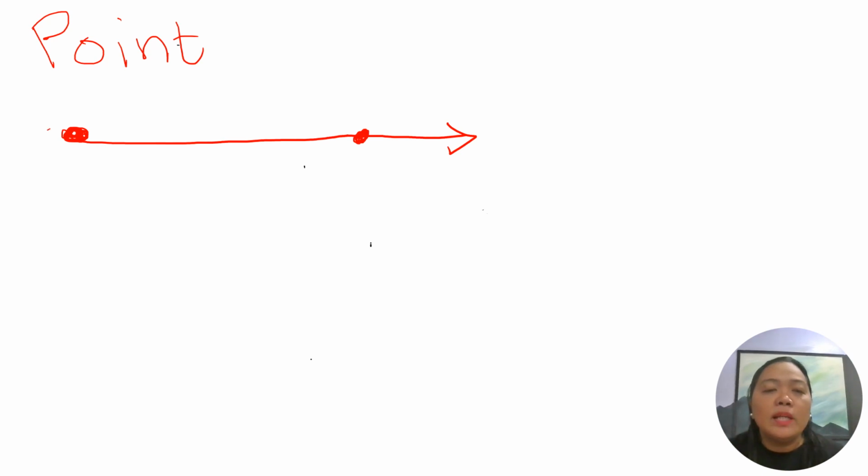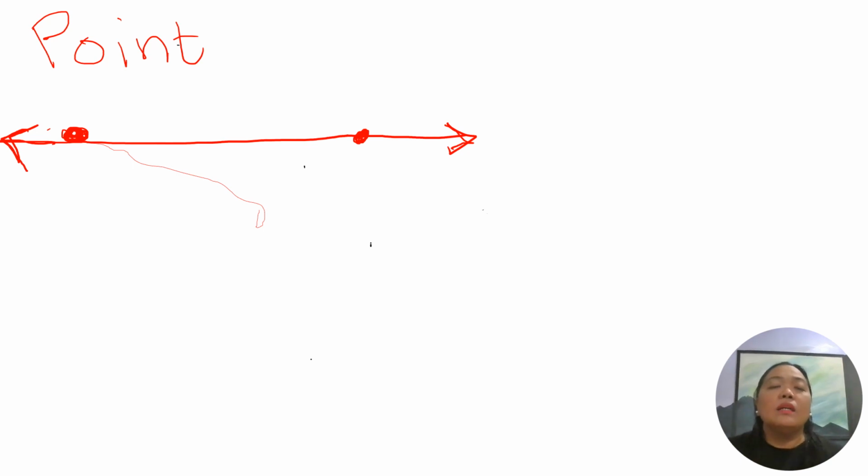Take note that we extend our point and draw an arrow. The arrow tells us that our set of points can be extended infinitely in both directions. We can have a certain set of points in that direction. That's why we draw an arrow. The arrow tells us that the points are infinite.